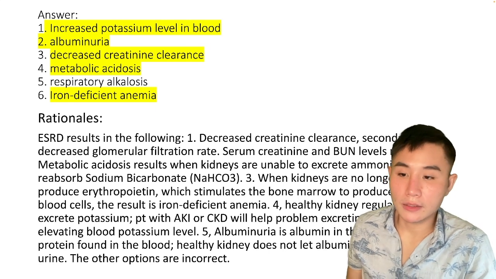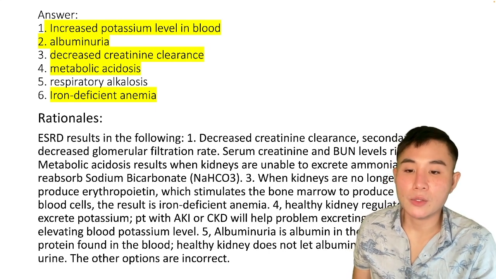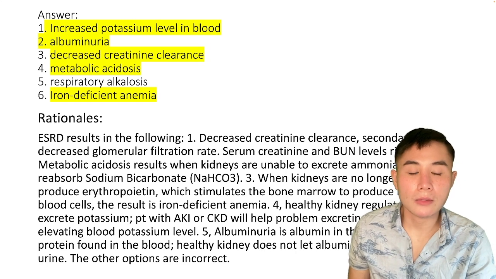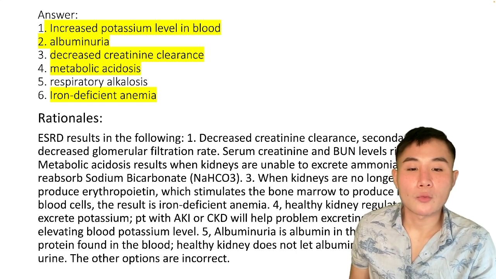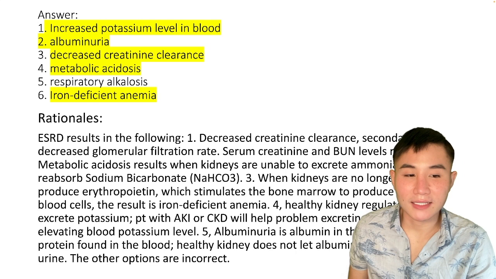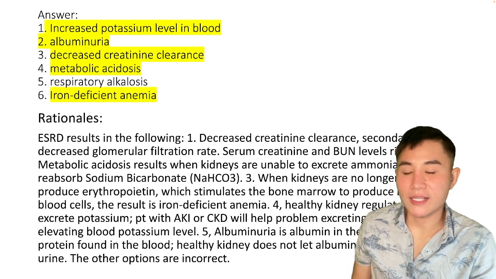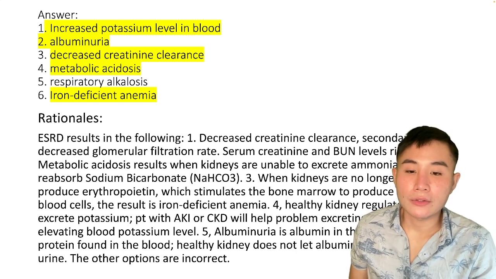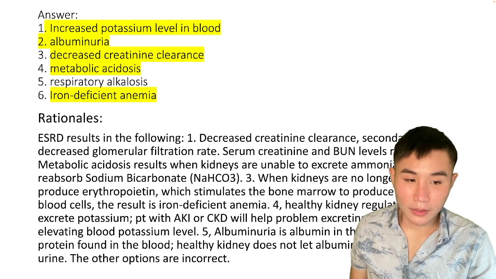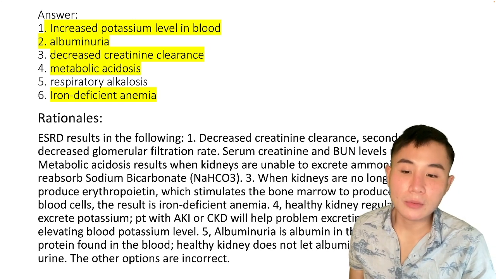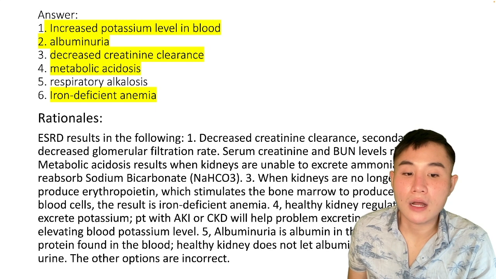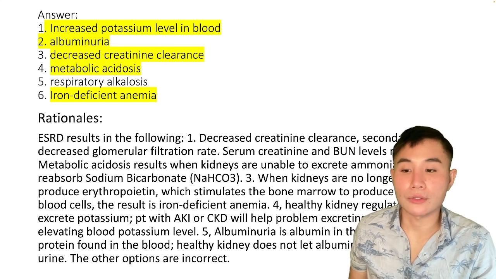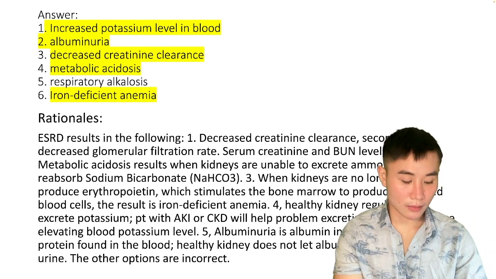Healthy kidneys regulate and excrete potassium. Patients with AKI or CKD will have problems excreting potassium, hence elevating blood potassium level. Albuminuria is albumin in the urine. Albumin is a protein found in the blood. Healthy kidneys do not let albumin pass from blood to urine. The other options are incorrect.